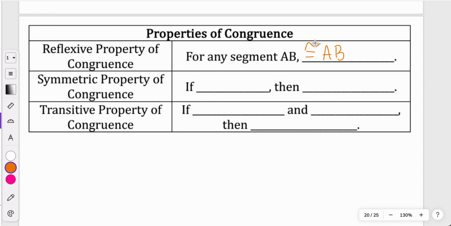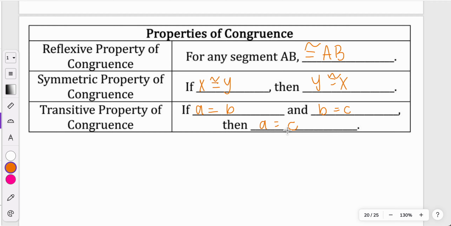We can take that and talk about the symmetric property of congruence, and that just says, let's say if x is equal to y, then y is equal to x, or if the measurement of x is congruent to y, then y is congruent to x. And then the transitive property of congruence, that's kind of like the domino effect or law of syllogism. If A is equal to B and B is equal to C, then A can be equal to C.